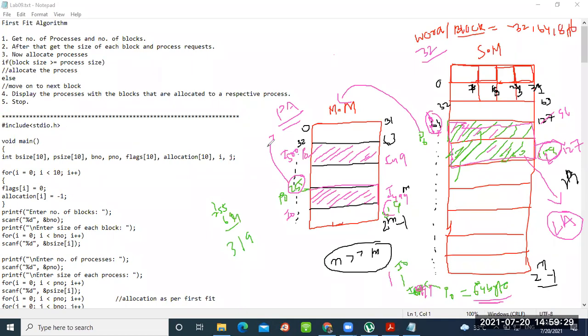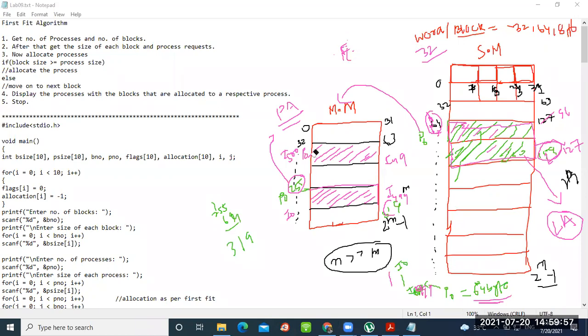Why do we use non-continuous memory allocation? It is basically used to avoid the disadvantage of external fragmentation. But we will not talk about non-continuous allocation today. We will talk about continuous allocation.